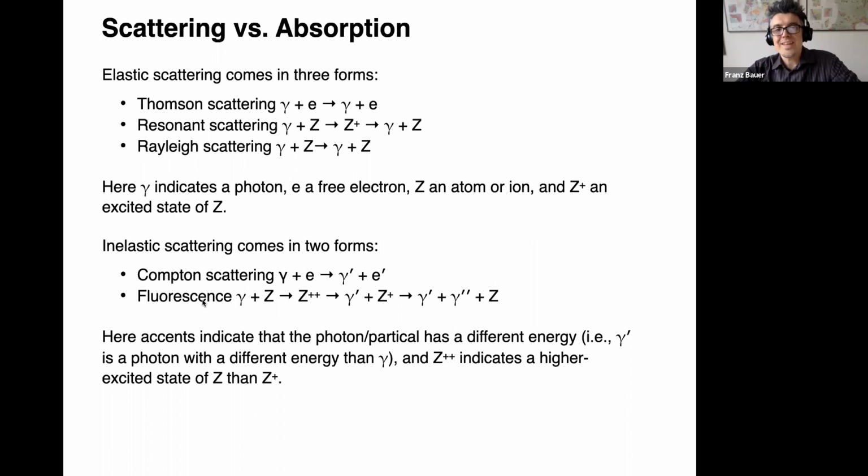Another version of inelastic scattering, which again has ionization in its place, is fluorescence. And so you have a photon coming into an atom, and you ionize the atom or doubly ionize the atom. And so then this leads to an initial photon being emitted, and you still have an atom in a non-ground state.